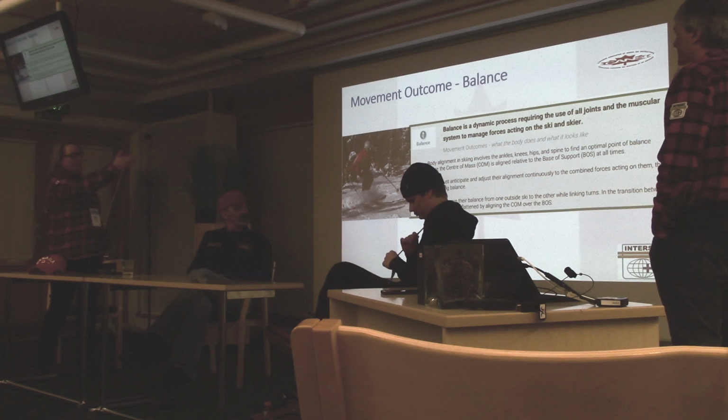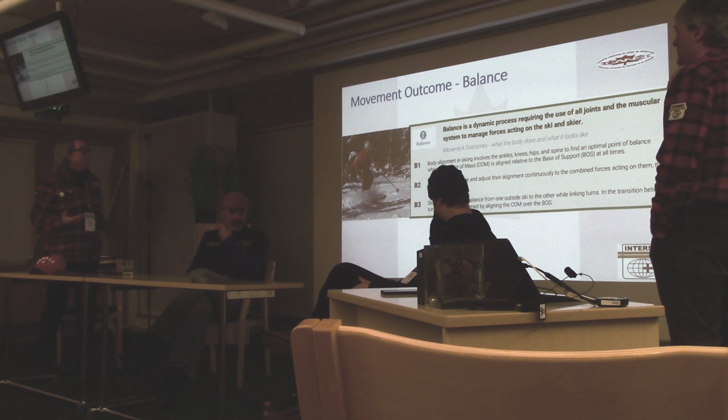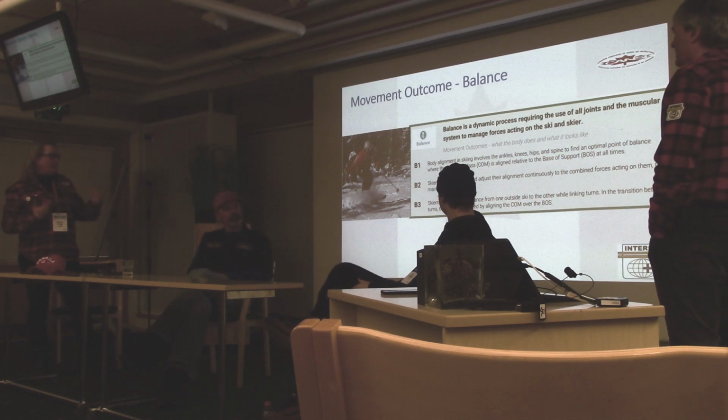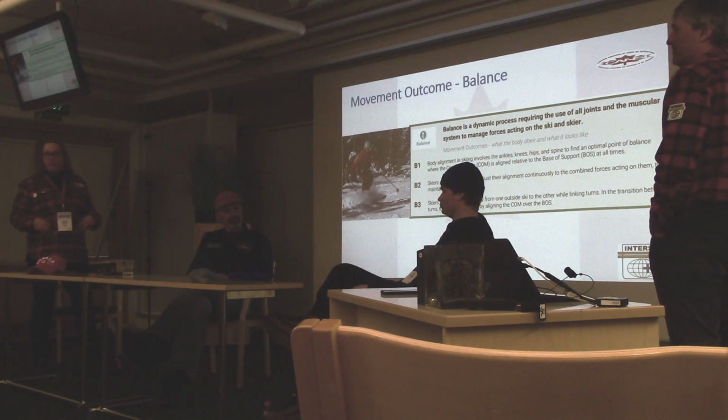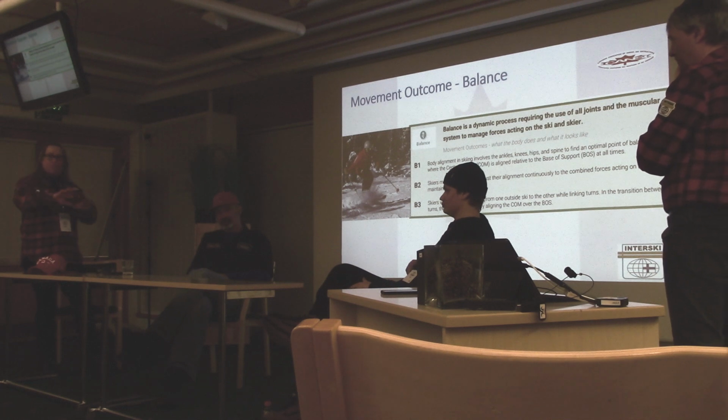Here with the balance, that was the definition of balance. What we're looking at is the alignment, body alignment, center of mass over base of support, and depending on the radius and the speed, this will need to be adjusted.